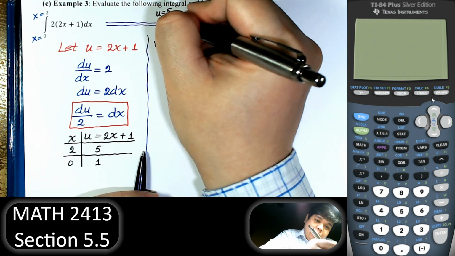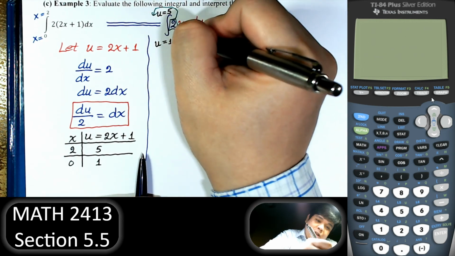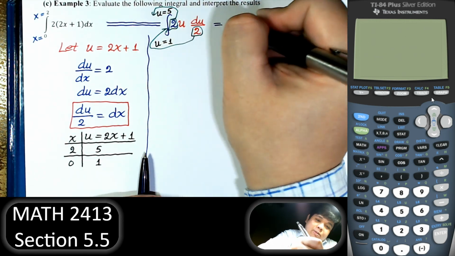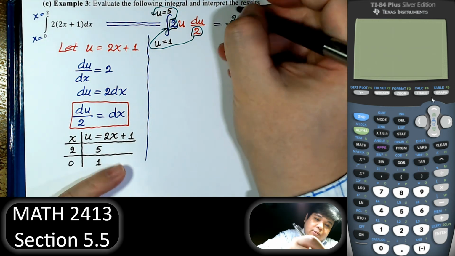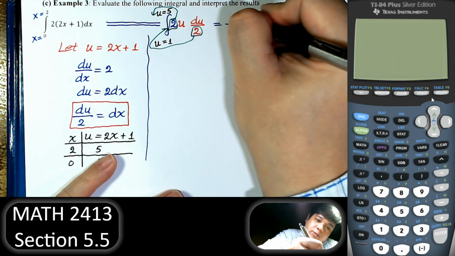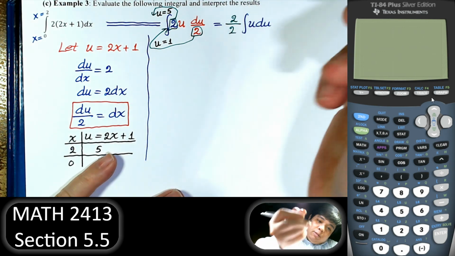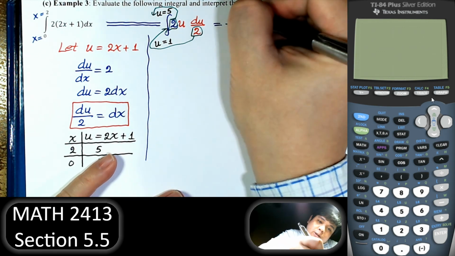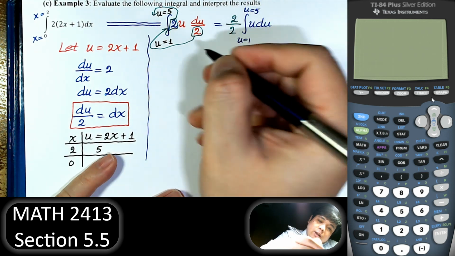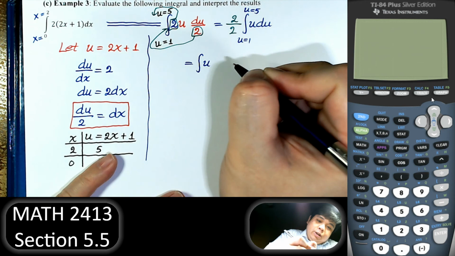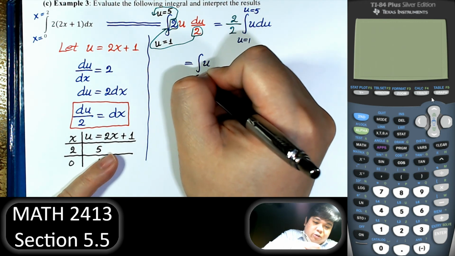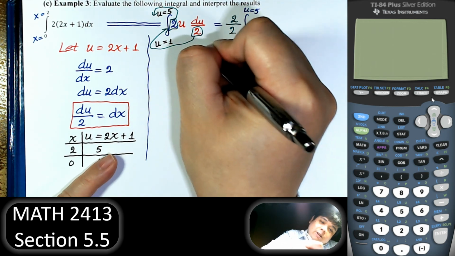The 2 on the top, this 2 at the bottom, cancel out. So that's just equal to the integral of u from 1 to 5 du.